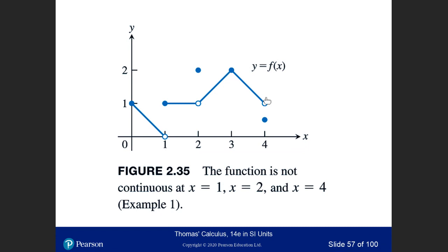Now if you look at this point 4, as you approach 4 from the left-hand side, the limit is 1. The function value is 1/2. So the function is not continuous at 4, and also you cannot approach from the right-hand side because the function is not defined there.